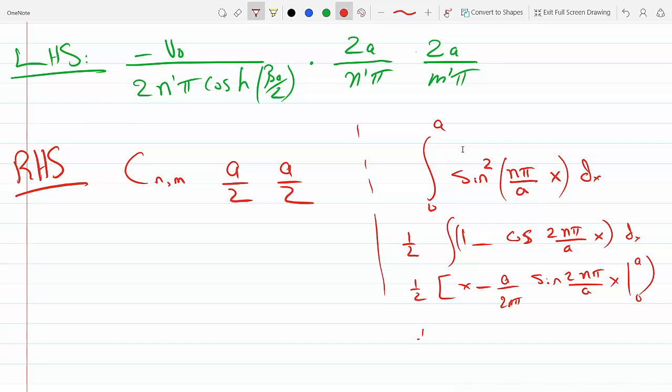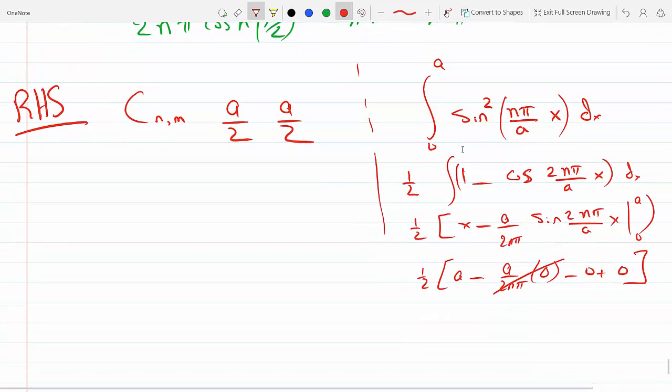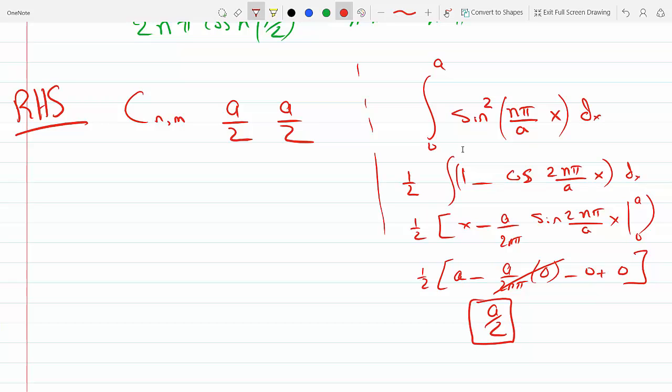So what do you get? If you plug in a here, you get 2n pi, so this goes to 0, and if you plug in 0, 0 plus 0. The only term that survives is the first one, a, and you have half outside, so you get a over 2. That's what I'm saying. So each one of these turns out to be a over 2.